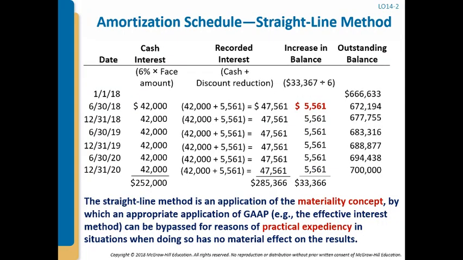So here, straight line method is an application of the materiality concept by which an appropriate application of GAAP, meaning the effective interest method, can be bypassed for reasons of practical expediency in situations when doing so has no material effect on the results, which it normally does.